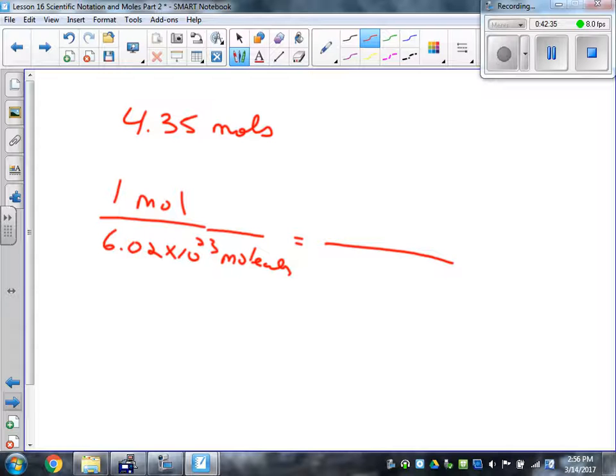I use equivalent fractions all the time, even in grade 12 chemistry. Cross multiplying and solving, it works. So if you're not sure what's going on, we'll start with this every time. Write this out, step 1. This is 4.35 moles. Where does that go, top or bottom? Top.